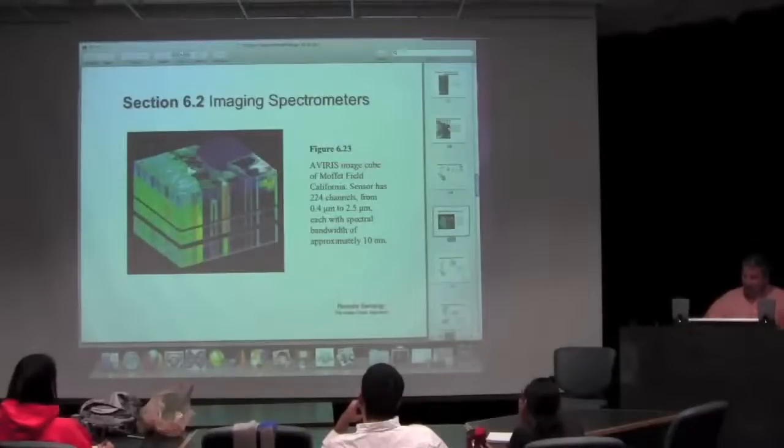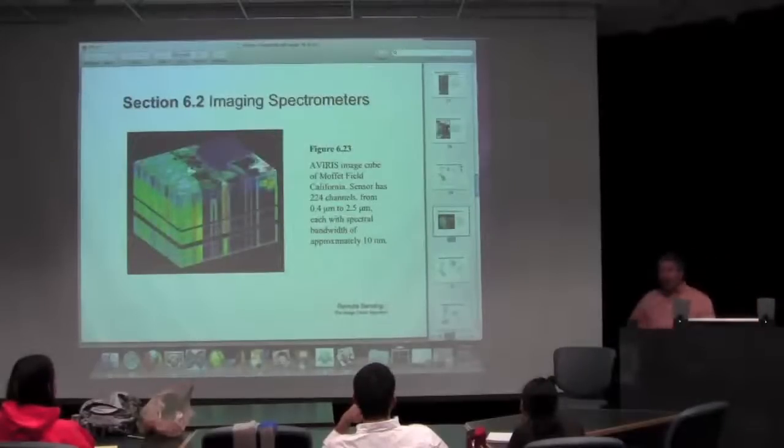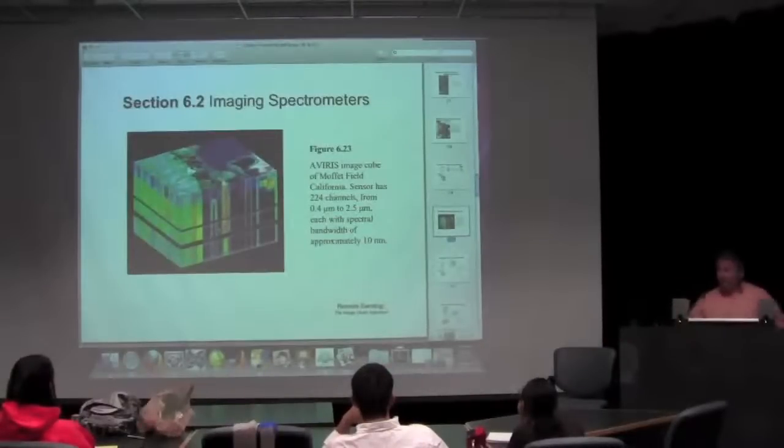Blue is low magnitude, or black is the lowest magnitude. Red here is the highest magnitude. So if you plotted as a function of wavelength the magnitude of the data going down the side of this cube, you would have a spectral signature of an object that you were looking at on the ground. These bands that you see in here, that look like there are emissions or where the cube might be separated, are actually portions of the atmosphere spectrally that you can't see through. These are the places where the transmission of the atmosphere goes to zero.